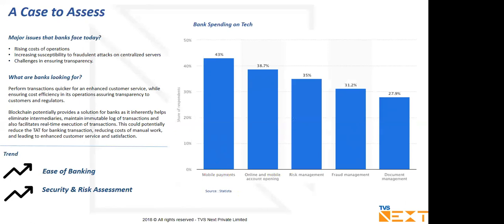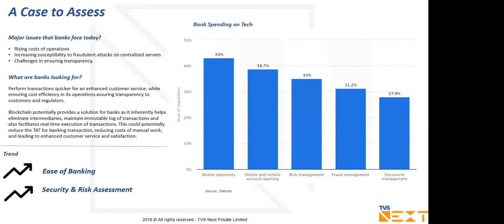One of the primary pieces of research, done by Statista, asked most of the CIOs and CTOs what the key areas are where banks are trying to invest. The answer was typically mobile payments at 43%, then online and mobile account opening at 38.7%, risk management, fraud management, and document management.